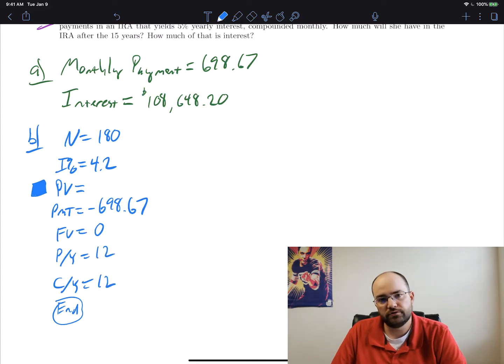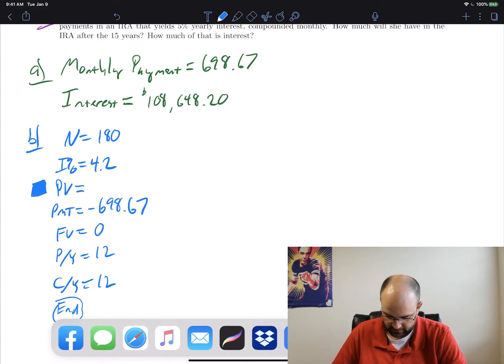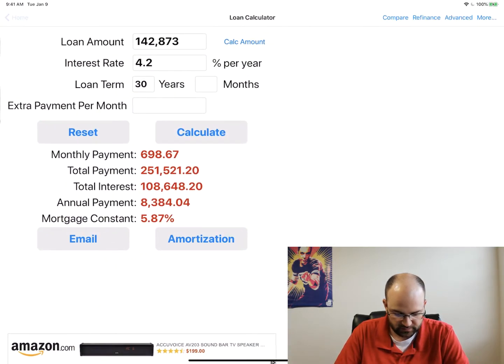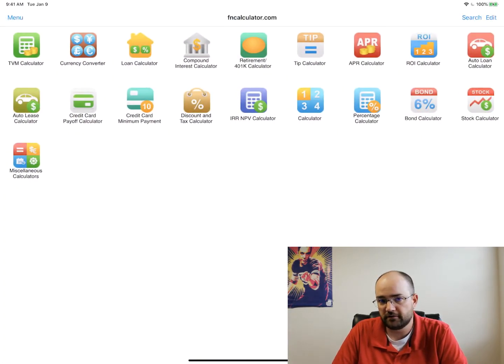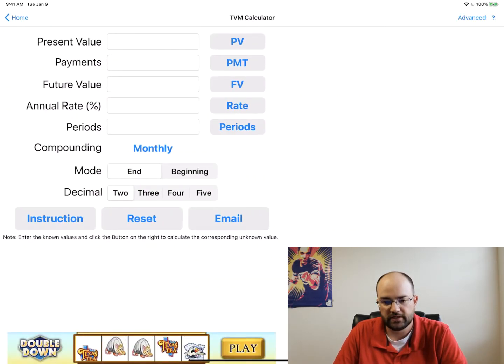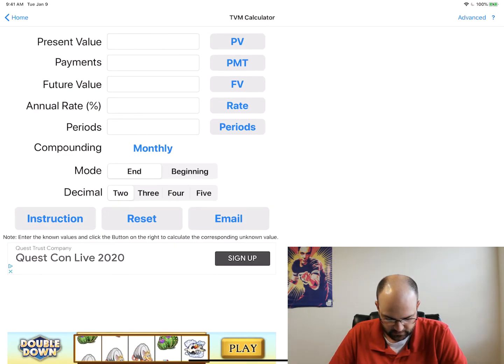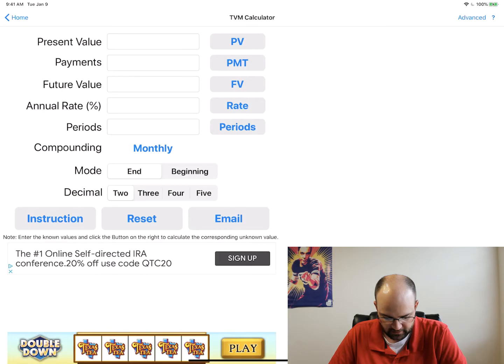And instead of just telling you what you would get, let me go ahead and show you the easy calculator again. If I go back to the home screen, the very first thing, top left, is TVM calculator. It looks a little bit different from the other one. And notice that the mode end or begin is here, but you can go to different decimal places here as well.